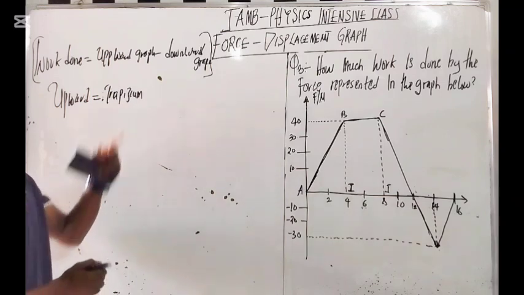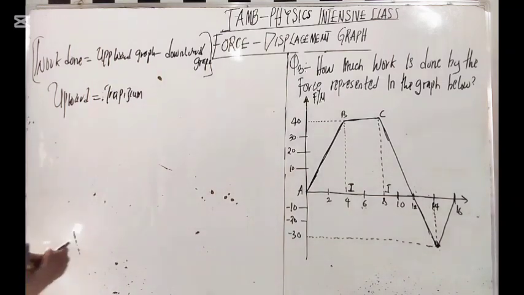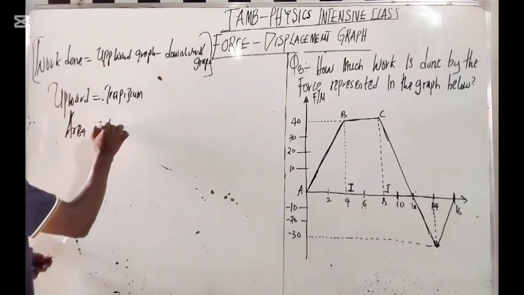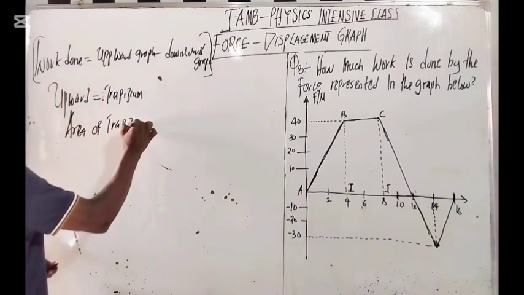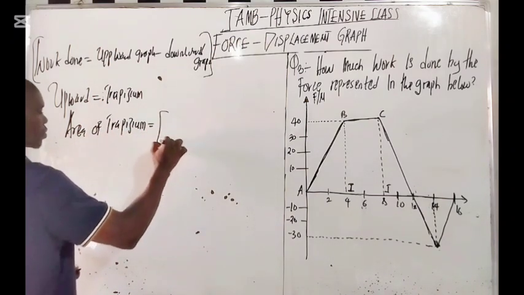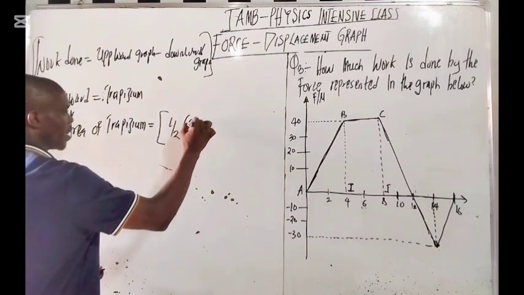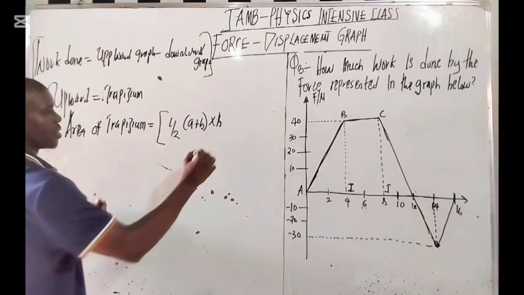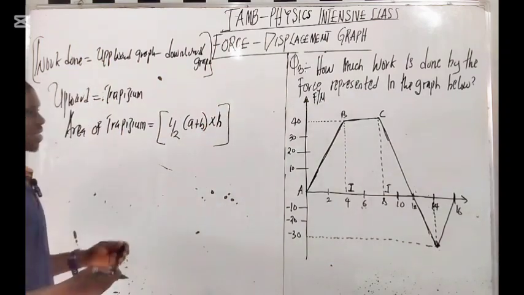So what is the area of a trapezium? Now remember, the area of a trapezium is equal to half (A plus B) times the height. Why is it like that here?